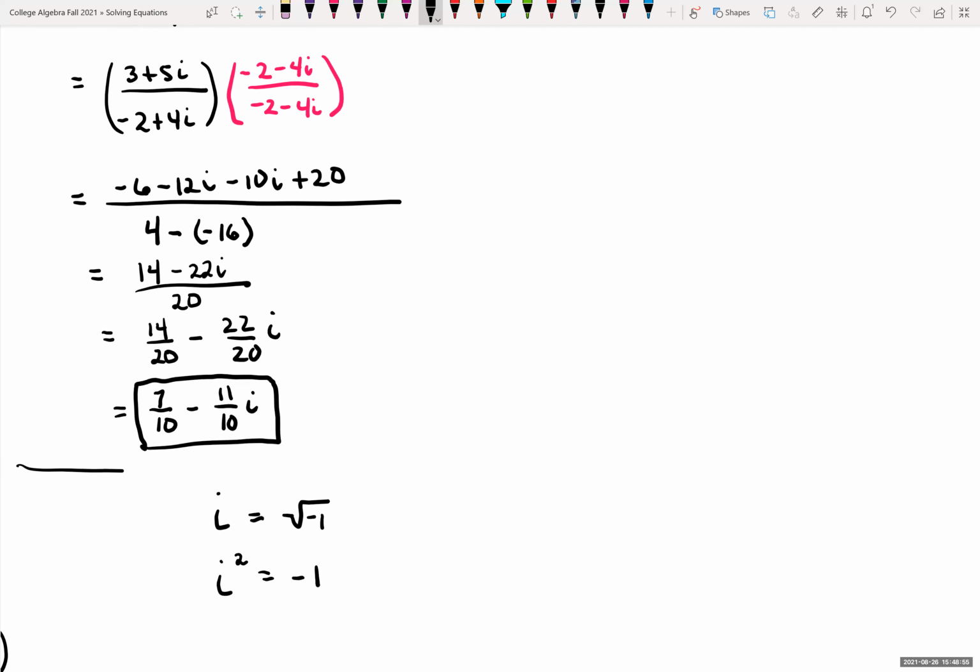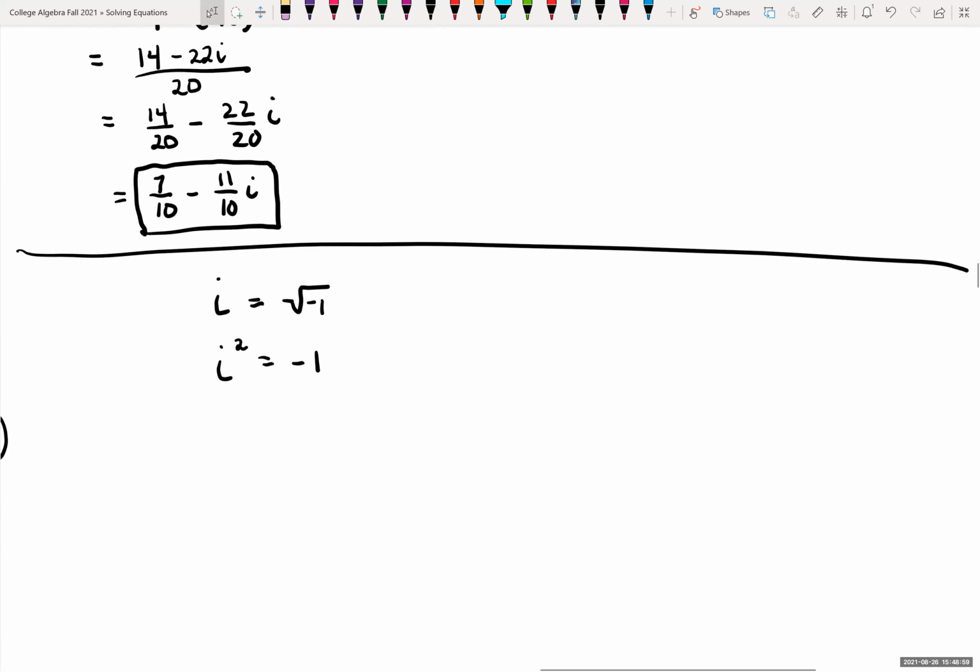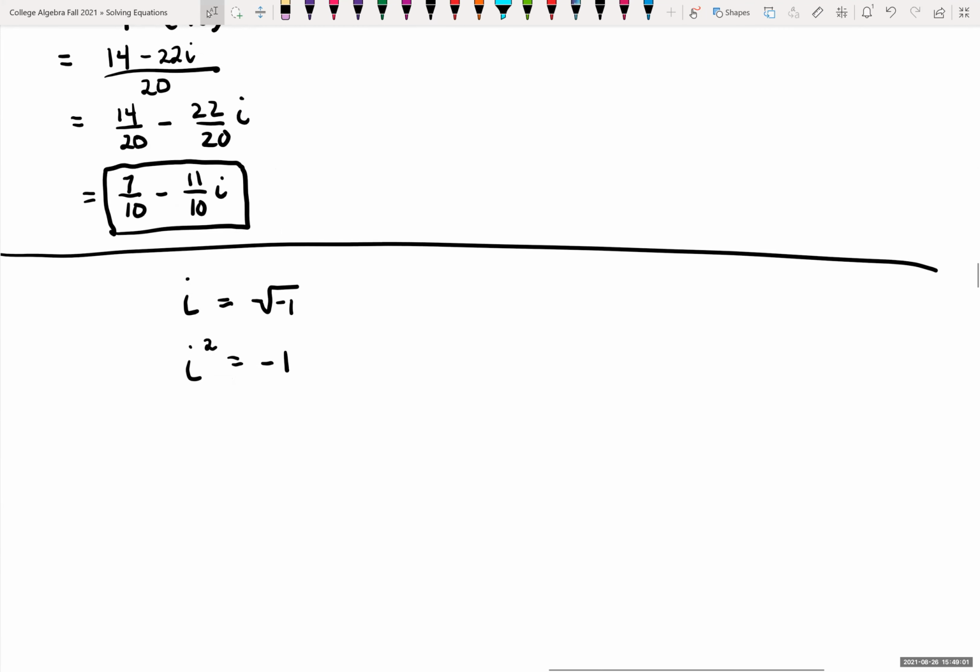So let's continue this process of raising it one exponent more each time. So let's look at i cubed. Well, let's use the facts that we know above. We know that i cubed is the same thing as i squared times i. So we'll be using this rule a lot, rules of exponents. Same base, remember, you add your exponents.